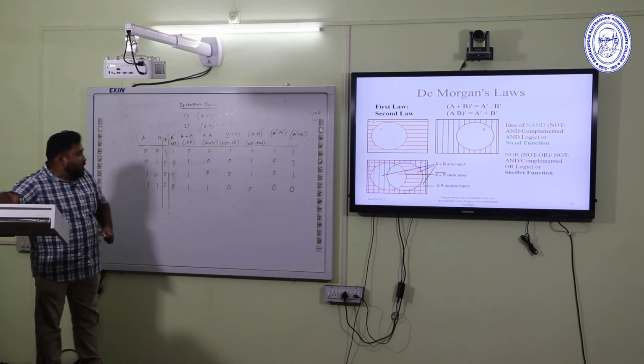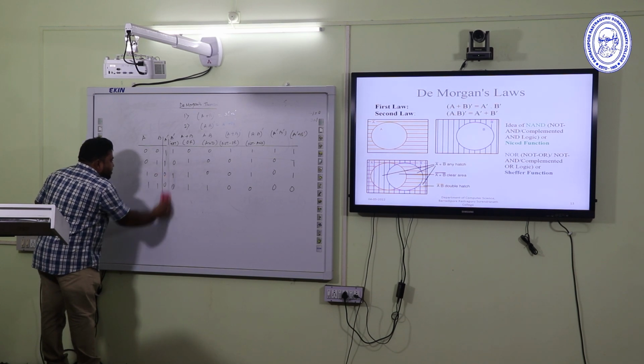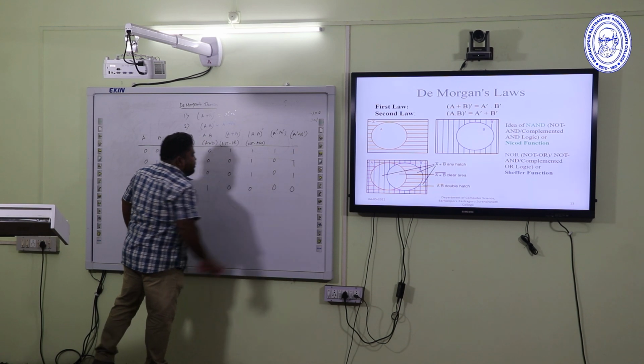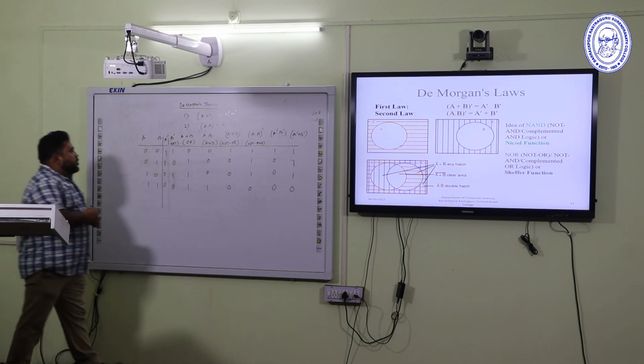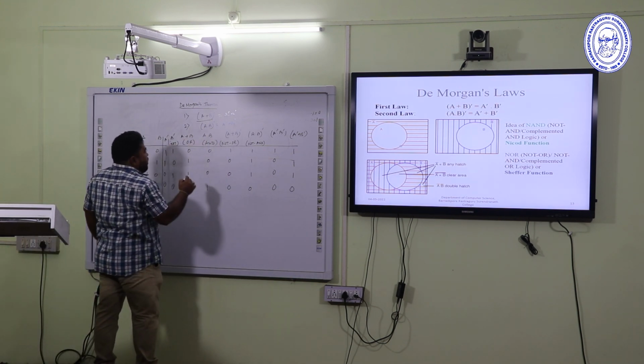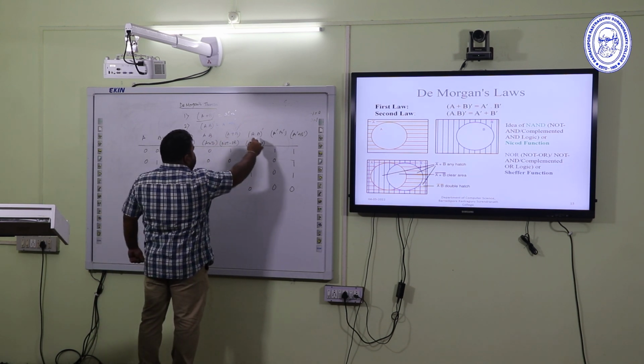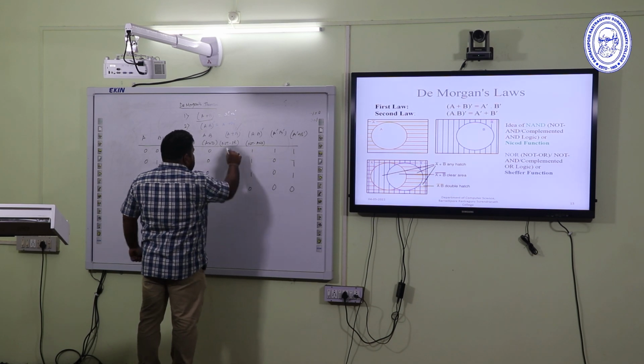So if we follow the table, we can deduce that (a plus b) prime is equivalent to a prime dot b prime. So these are the same.